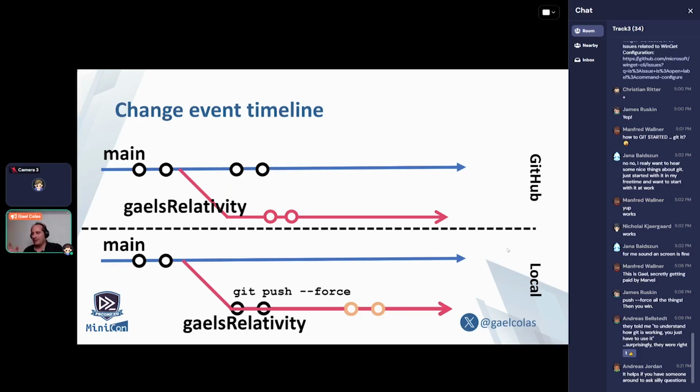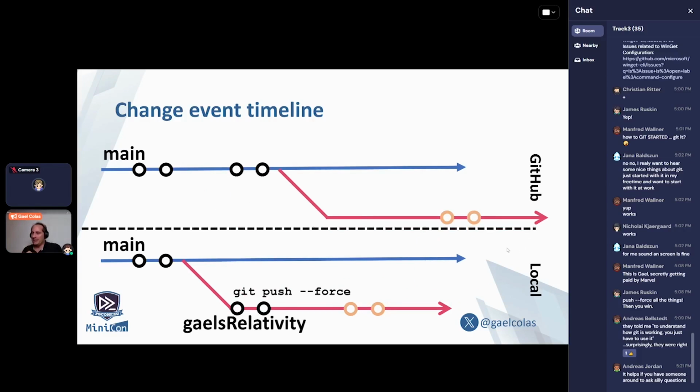There's another thing, which is force, but if you try to apply that here, it's called Gael's relativity. So I assume I'm the only one working on this branch, and no one else is working on that branch. So I know that my local copy, the one that we based, is the correct version. If you start collaborating on one branch that you have, there's something else that you need to do that I will cover in a second.